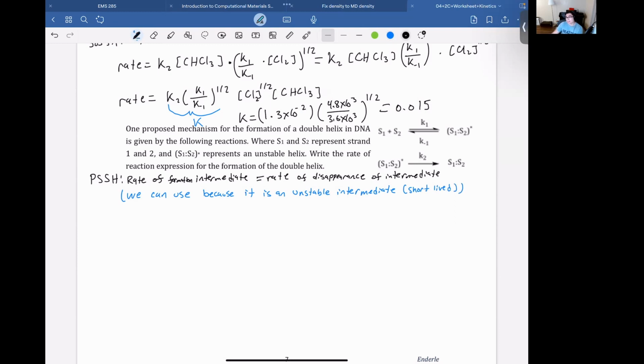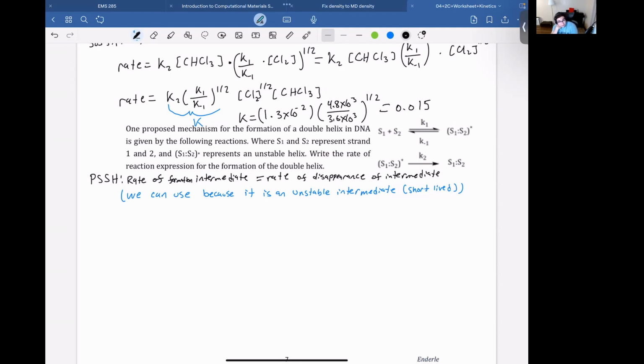If you want to think about it in terms of energetics, it forms and it's very unstable. It doesn't like being like that. So it reacts very quickly to either go back to what it was or something else. But things that are very reactive are going to be very short-lived. This is pretty much always true.